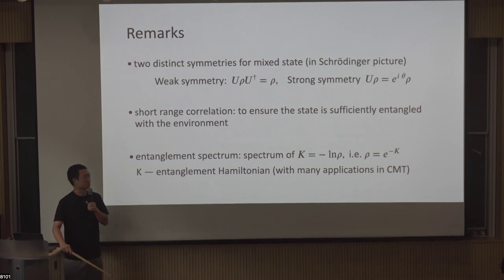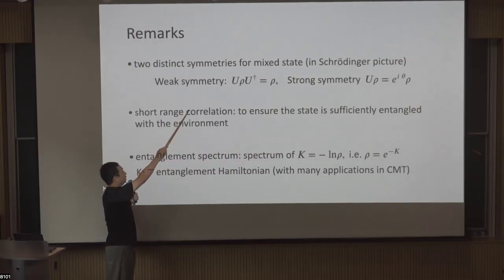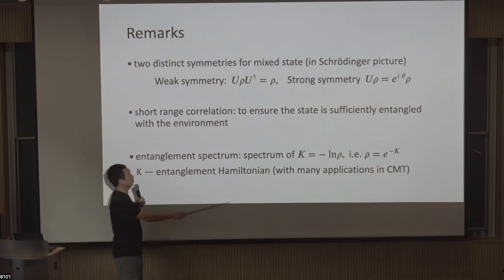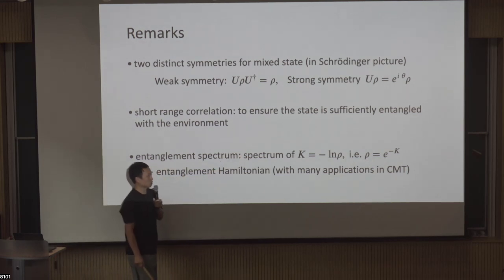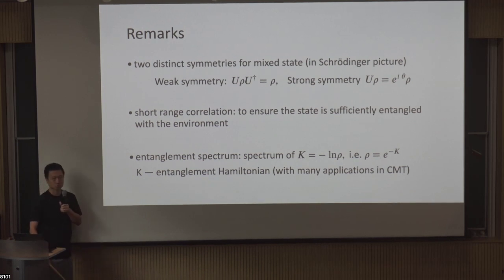So in this context, the small patch still preserves the U(1) symmetry in the weak sense, but it does not preserve the U(1) symmetry in the strong sense. The strong symmetry basically prohibits any exchange of charge between the system and the environment.